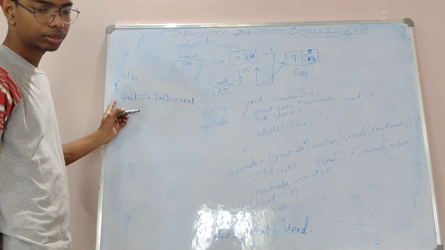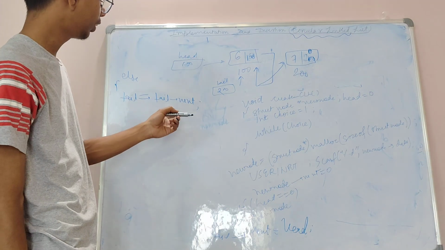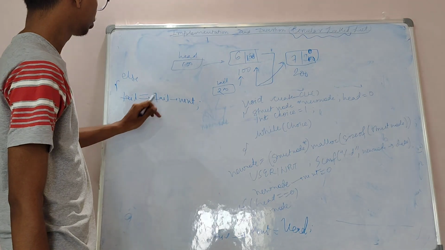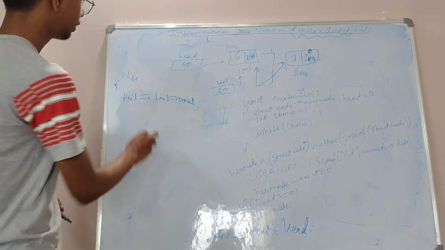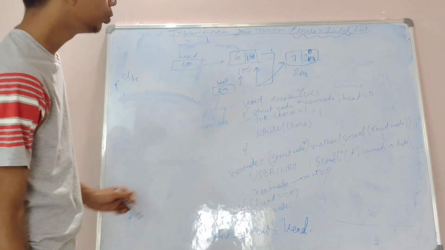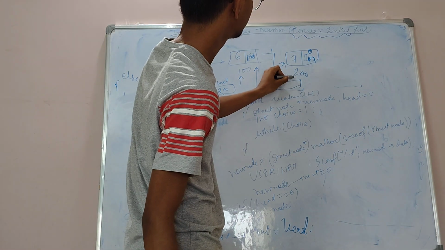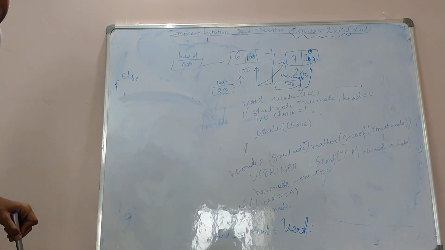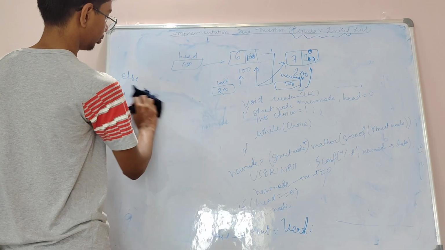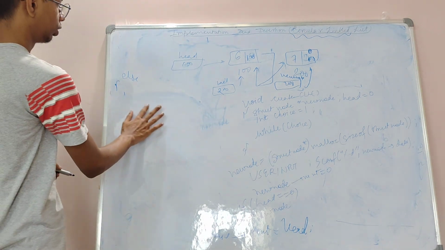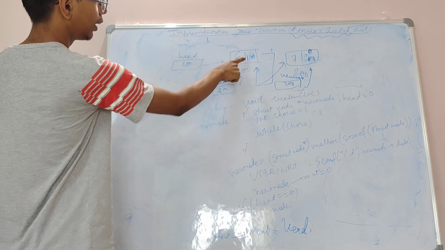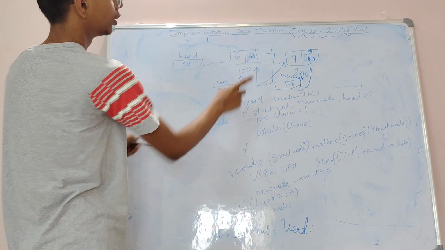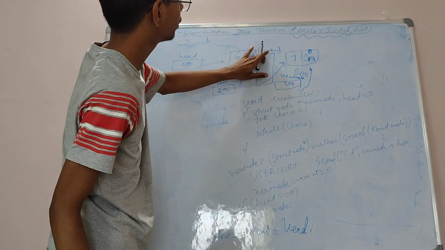Sorry, this is not right, I should write: my new node is pointing here. Tail was pointing here, so here I have to store 200 so that it will point here.